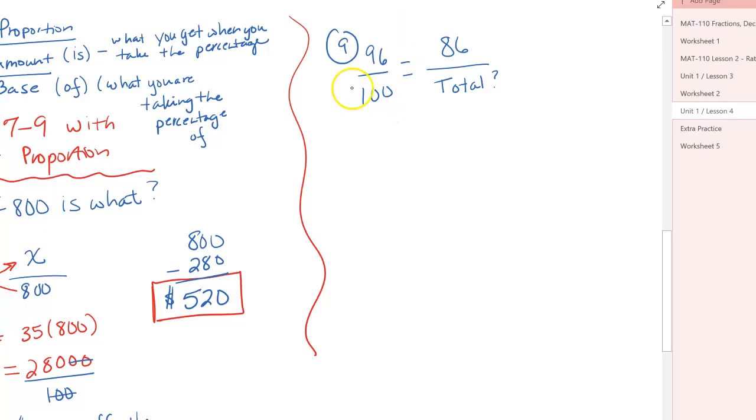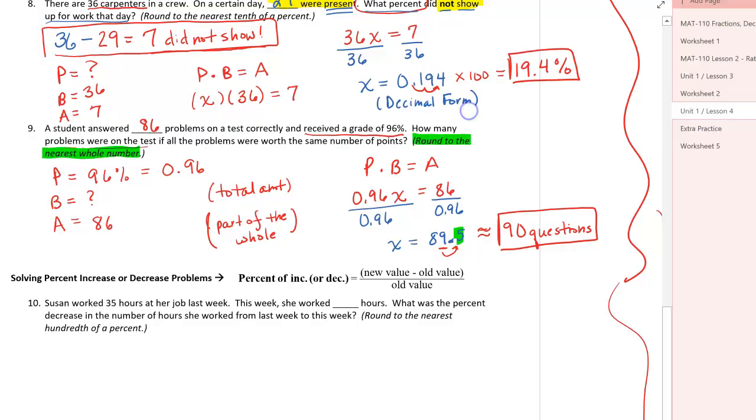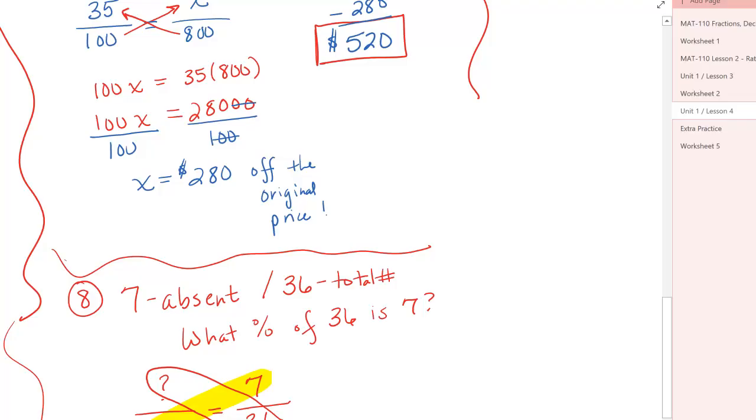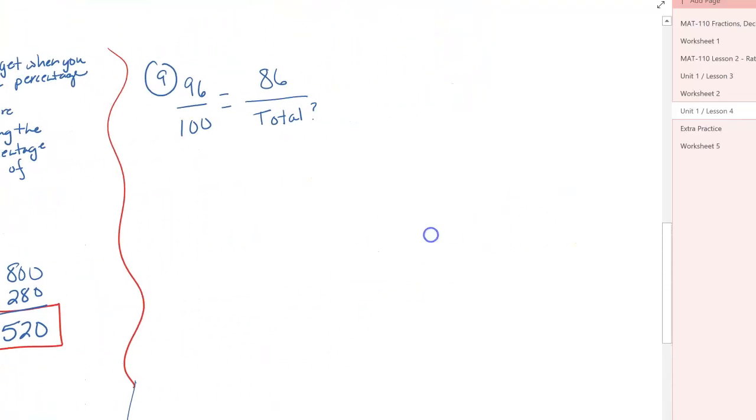Notice also that when we were using the percent equation, I know I'm making you dizzy scrolling around, we also up front had to change this percent to a decimal by dividing by 100, which moved the decimal 2 places to the left. But again, with a percent proportion, because you are putting it over 100, you don't have to actually make this a decimal.